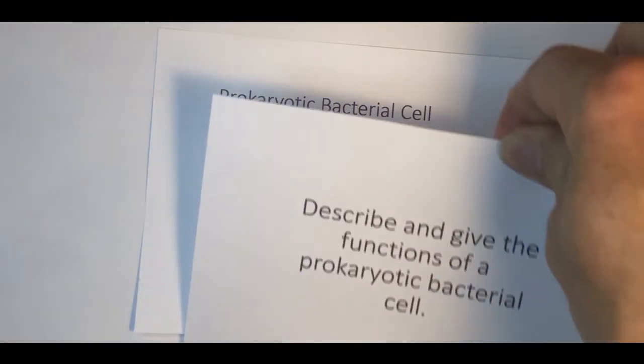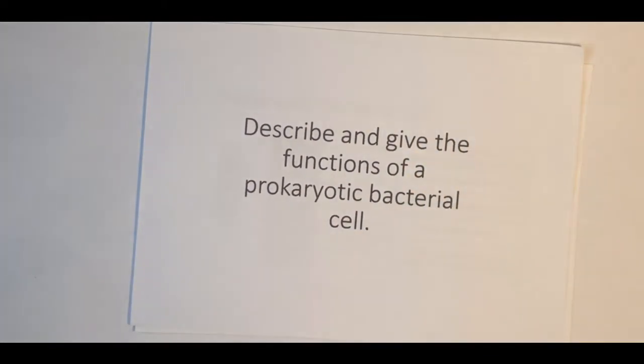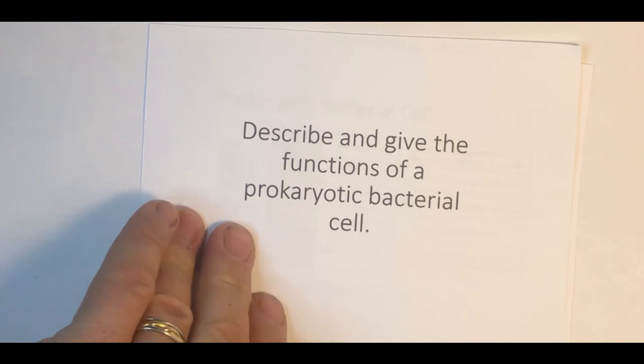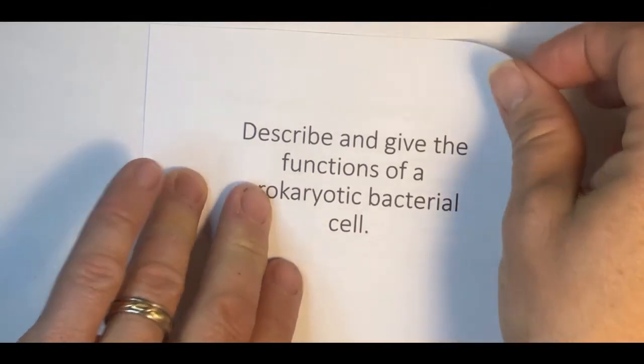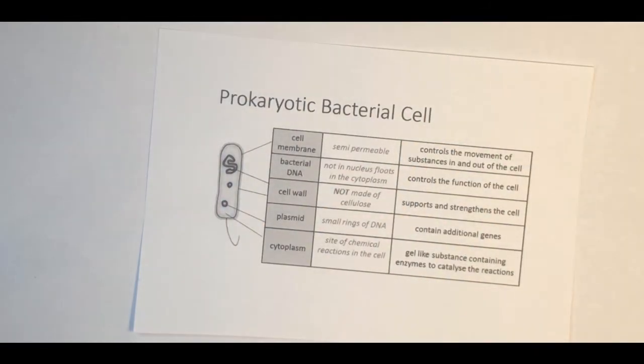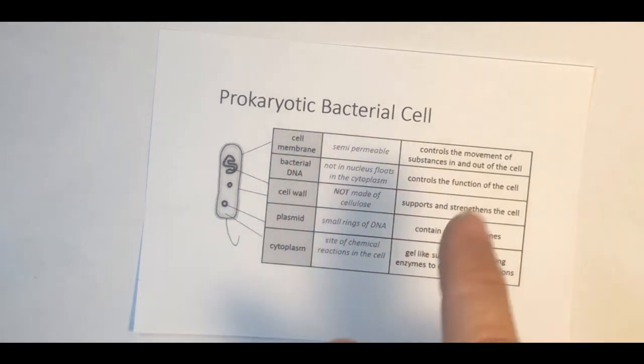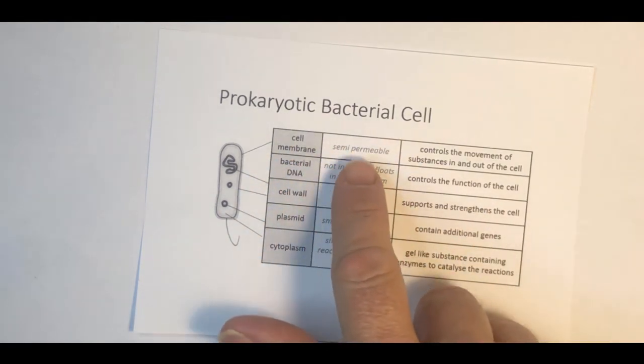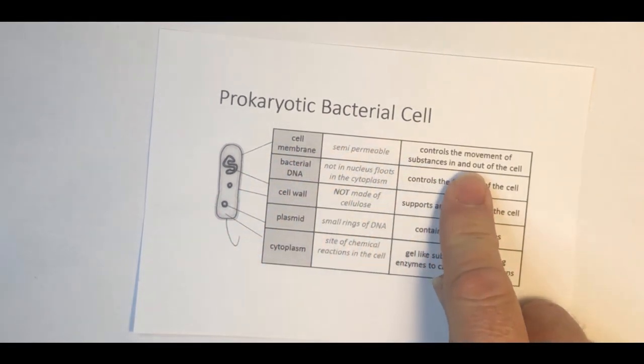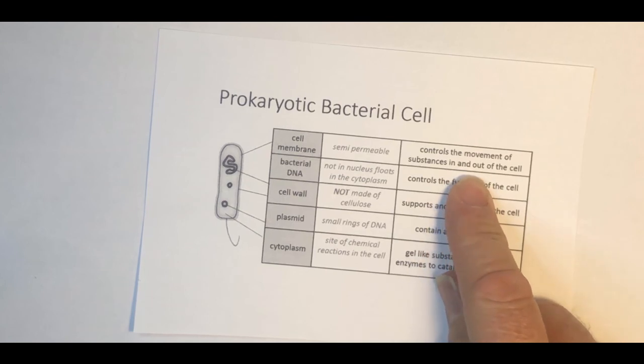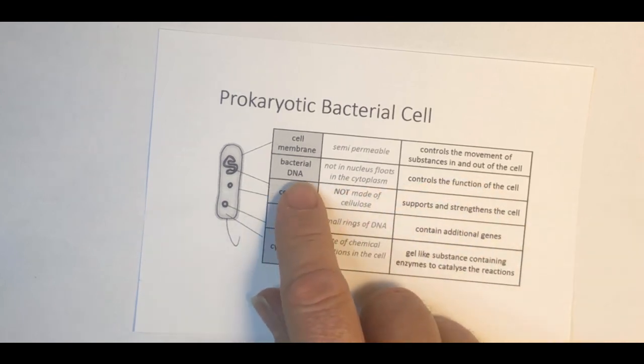So, back to the question. Describe and give the functions of a prokaryotic bacterial cell. You will say, a prokaryotic bacterial cell has a cell membrane. The cell membrane is semi-permeable and it controls the movement of substances in and out of the cell. The bacterial cell also contains bacterial DNA.